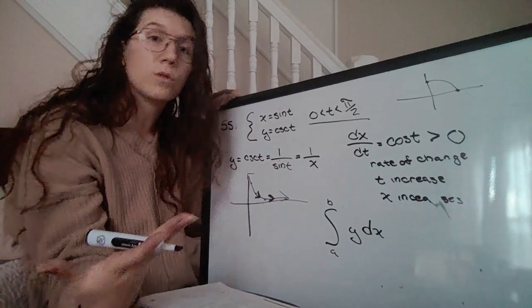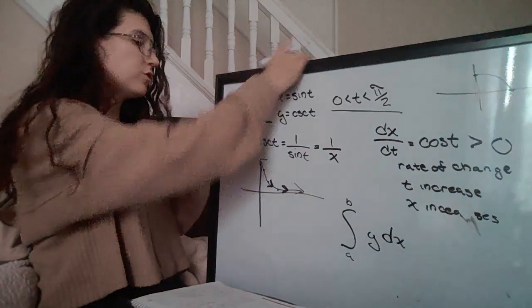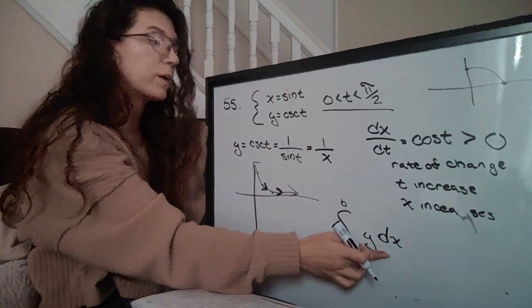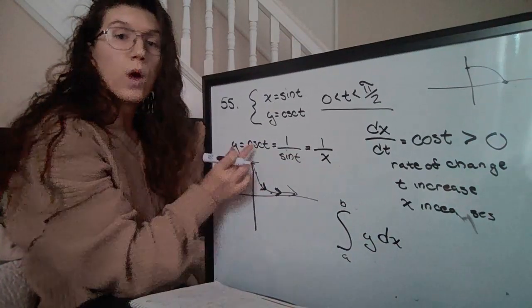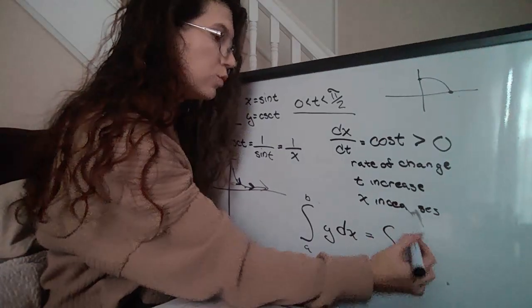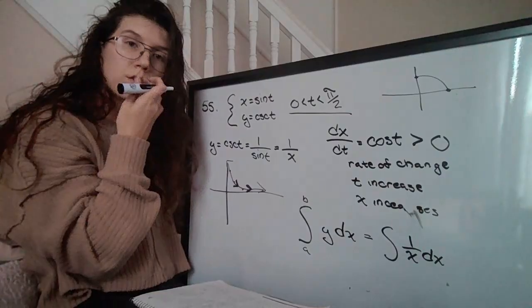So we take this with respect to x. I know that y equals 1 over x, so I can write this as the integral of 1 over x dx. That's not too bad.